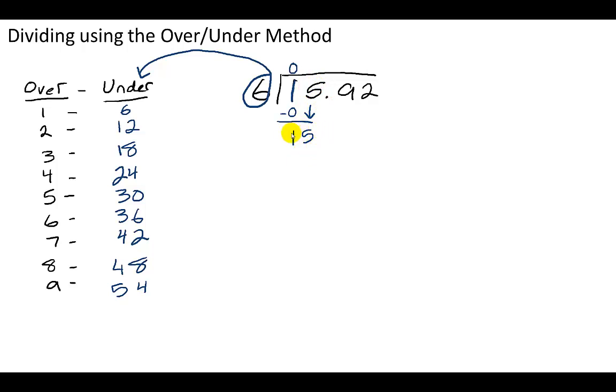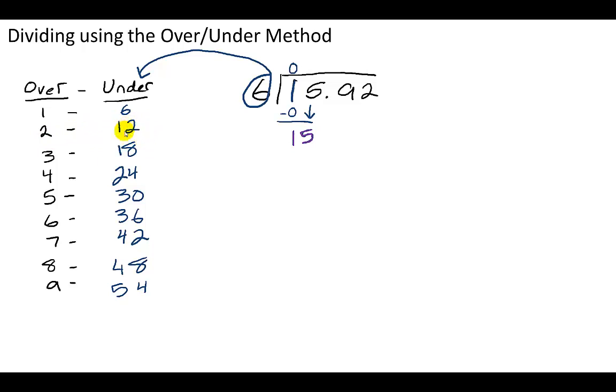We only bring down one number at a time. Now that we have this 15, we're going to repeat the process of using our over-under list, but now we're focused on 15. So now we look at our under list. Where is the number that is either equal to 15 or a little smaller than 15? That's right here at 12.